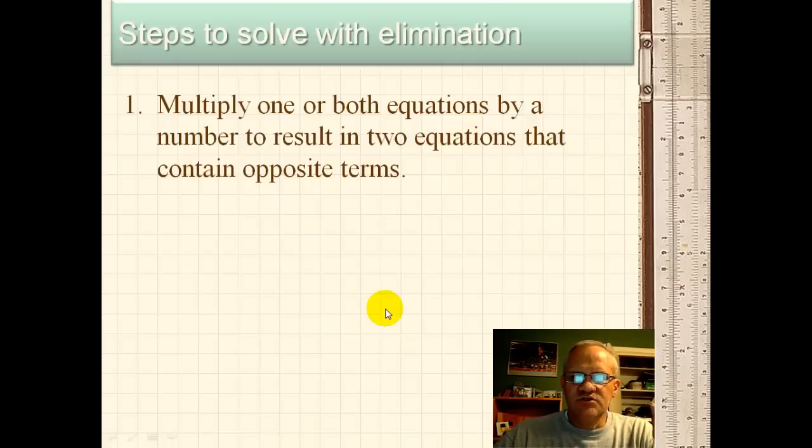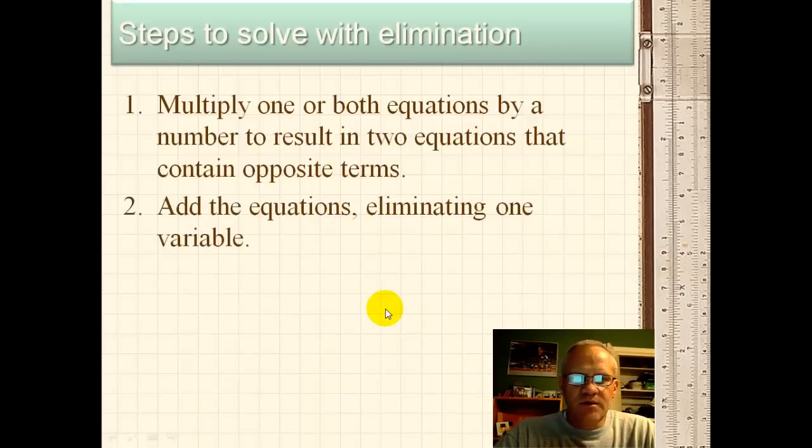Basically, you're looking to get your two equations where one of the terms, like the x's or the y's, are opposite of each other, so that if you add them, they'll cancel out. You might not have to do this step. If it's already opposite of each other, you don't have to do this multiplying step. But if they're not already opposites, then you would have to do this.